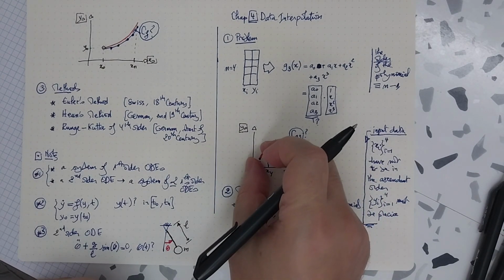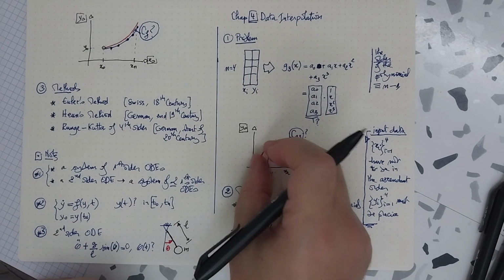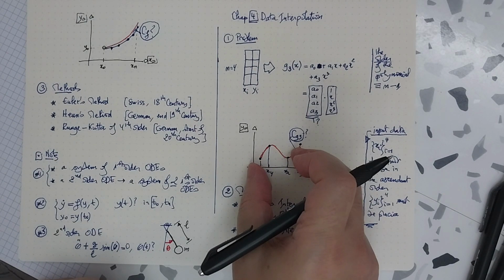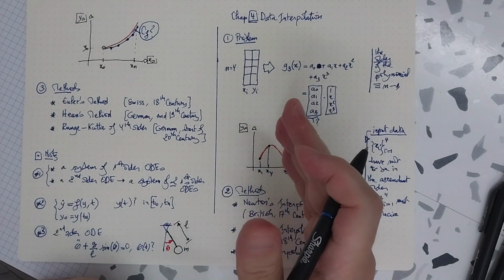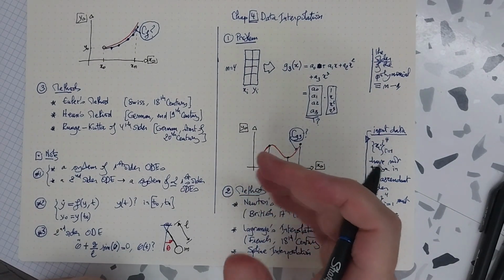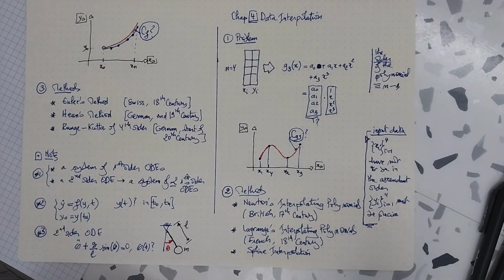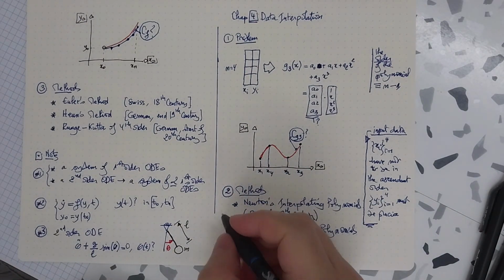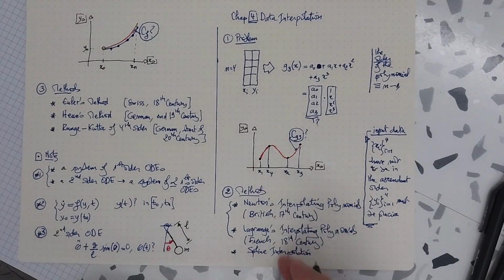For each interval, we have a polynomial, not one single polynomial. So it's more accurate and suitable when you have a large number of points. We'll see the details in the chapter, just an overview to see that there are two categories, the first and the second.